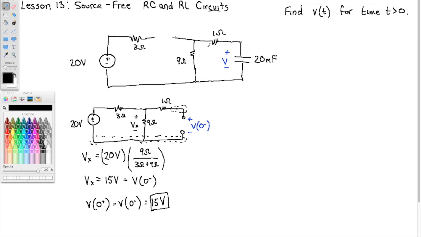So let's put it in the form that we're used to seeing. Right? We've got 20 millifarads and 10 ohms.